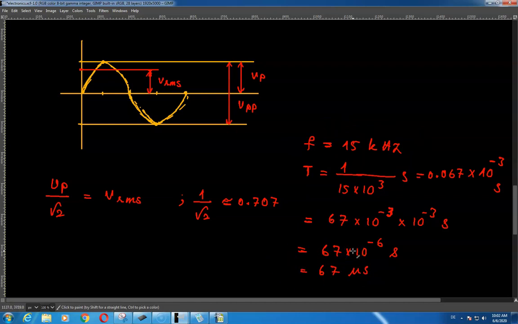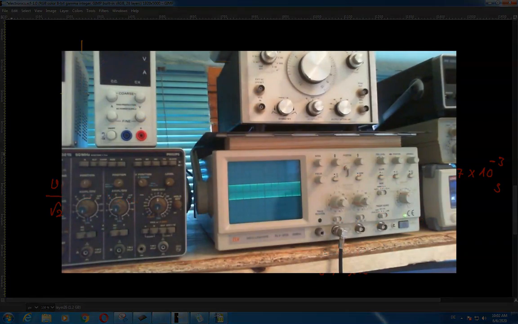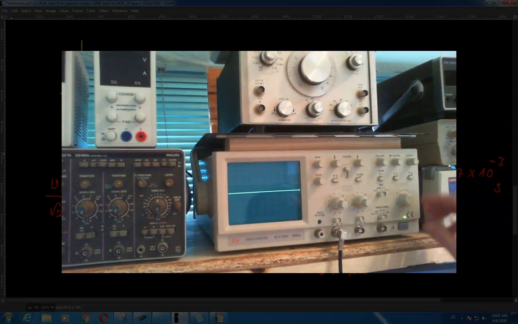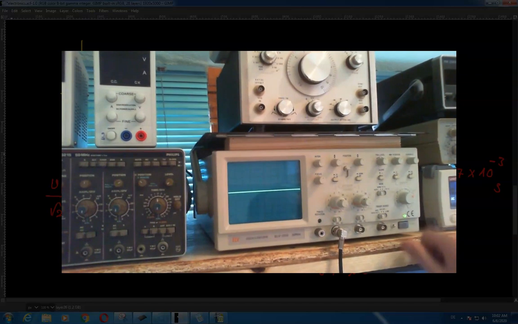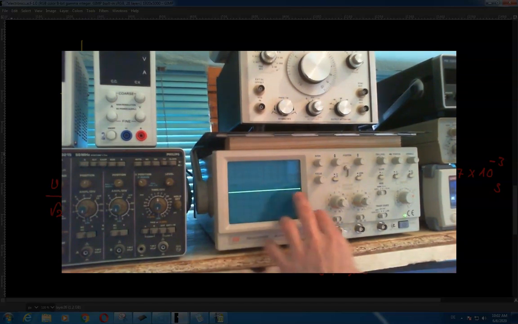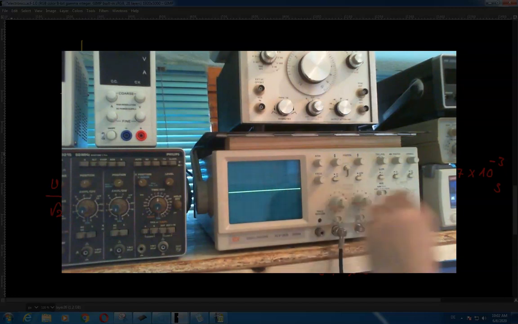So what I'm going to do is jumble this around, meaning that I don't really know where I am over here, and I want to make a 15 kilohertz signal. We said that the period is supposed to be 67 microseconds, right? I set this oscilloscope to, for example, 10 microseconds, and then 67 would be hard to show.